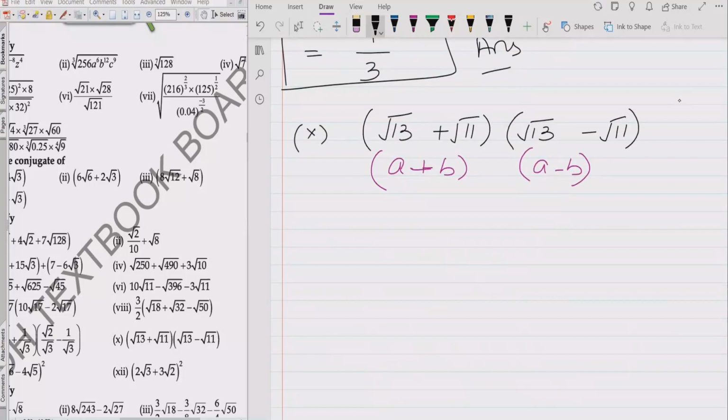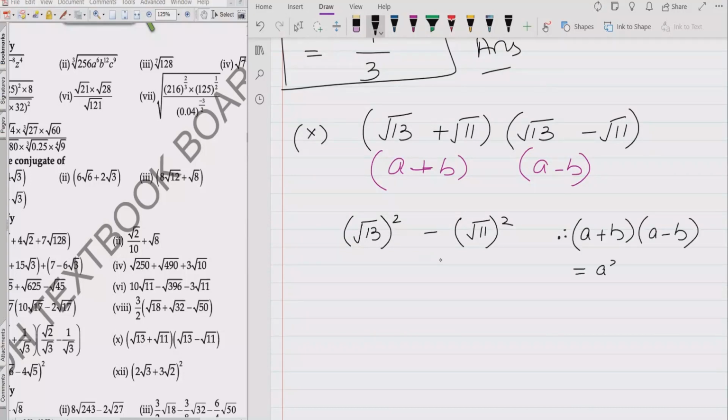So we will write it this way: root 13 square minus root 11 square, right? The square cancels with the root, so it's 13, and the root cancels with the square here, so it's 11. 13 minus 11 is 2. So this is the answer of this question.